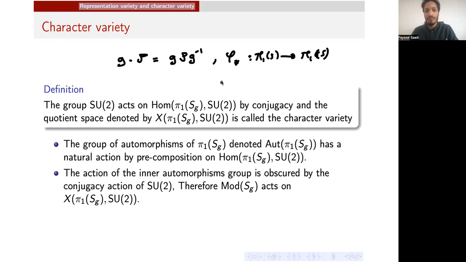So then you can pre-compose. If you take the automorphism and compose it with rho, this will give us an action on the Hom variety.